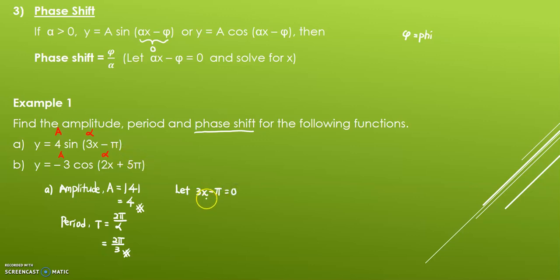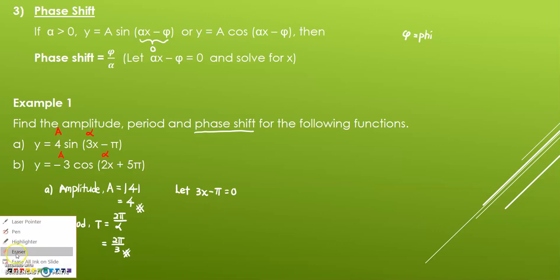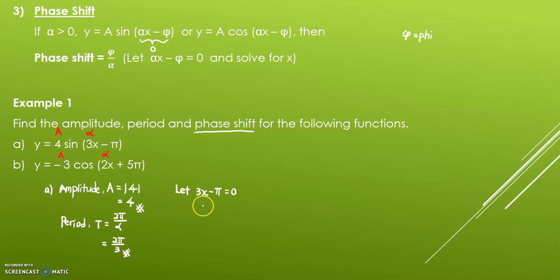So we solve for x. 3x is equal to pi. x is equal to pi over 3. Means our phase shift is equal to pi over 3.